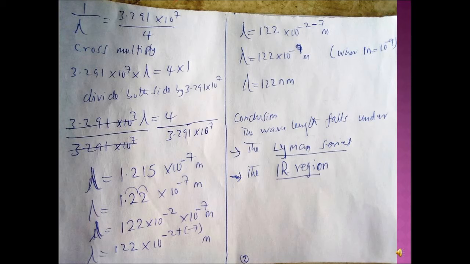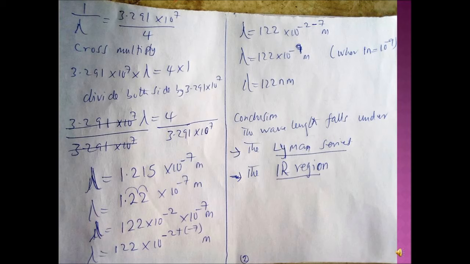When using a calculator, you can also just do 4 divided by 3.291 exponent 7. When you do that, you get 1.215 times 10 to the power what? Minus 7. Then our wavelength is 1.22 times 10 to the power minus 7.